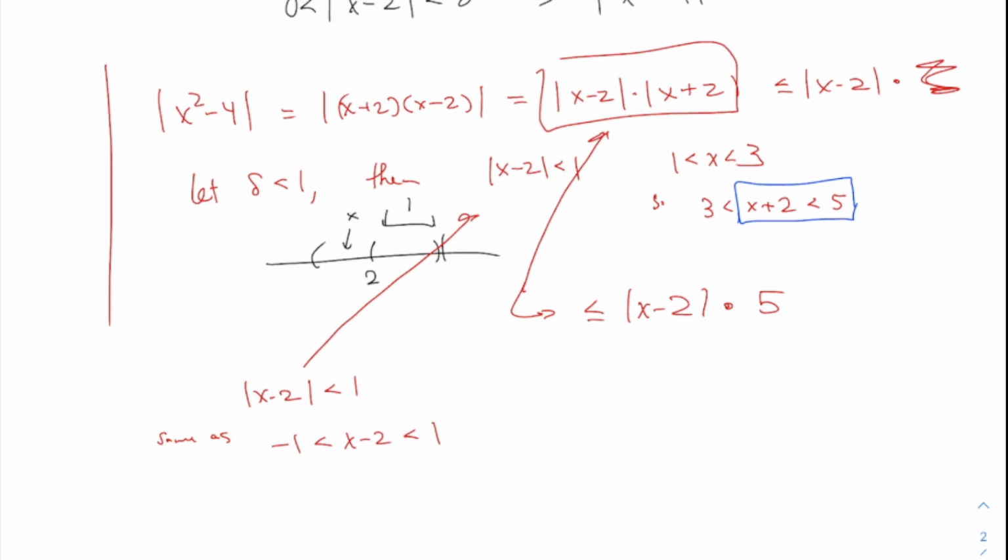And then if you just add 2 through the whole thing, it will say 1 less than x less than 3, which is what I said over here. So this is another way of coming up with that without thinking. If you prefer to just work through equations the whole time, this is a way you can arrive there. Although, I prefer to think of it in terms of this little number line picture. All right.